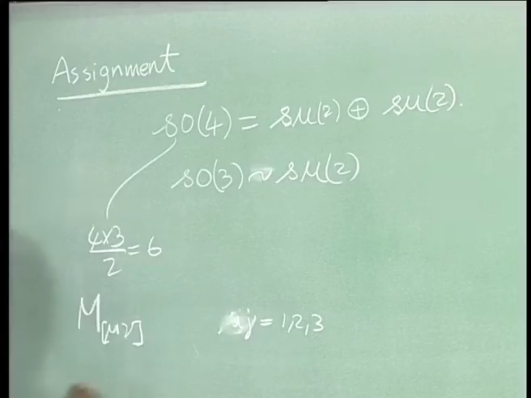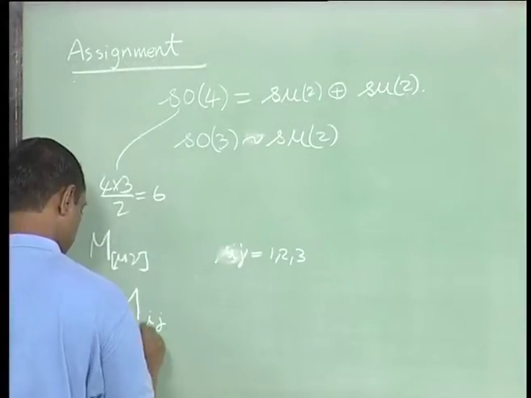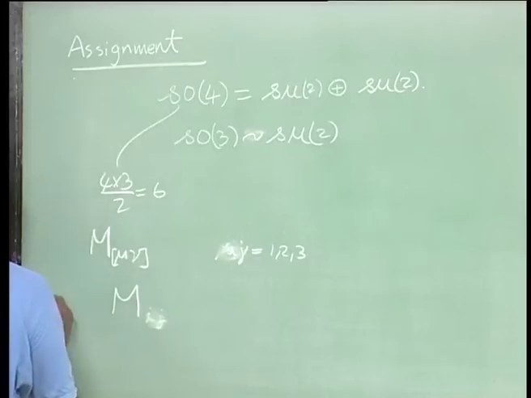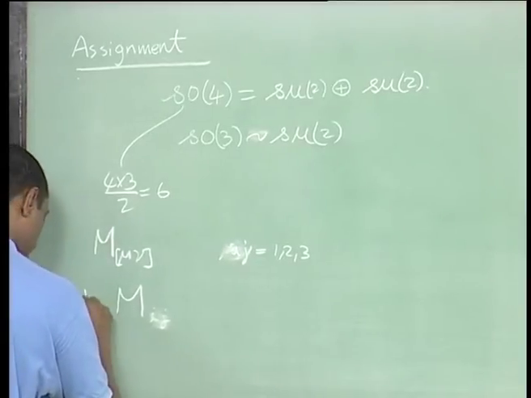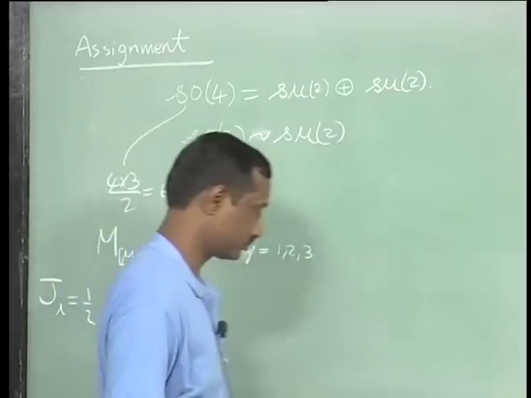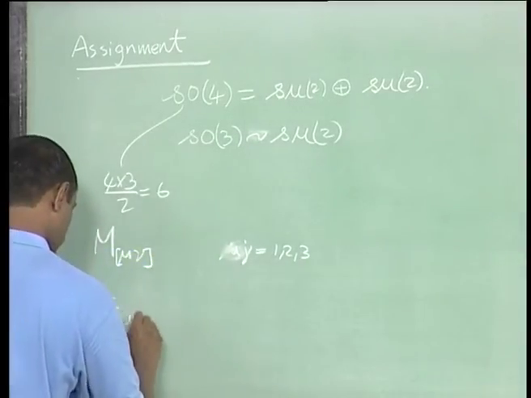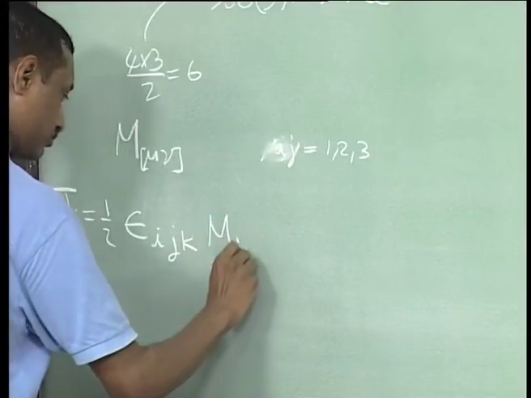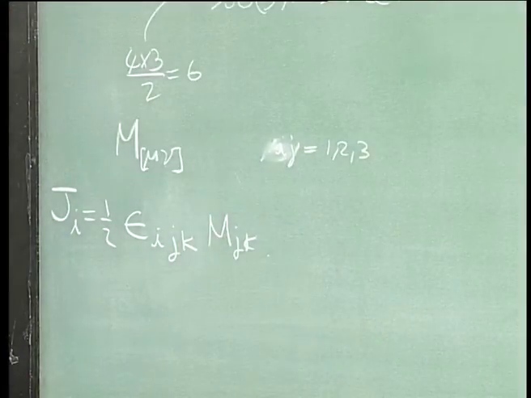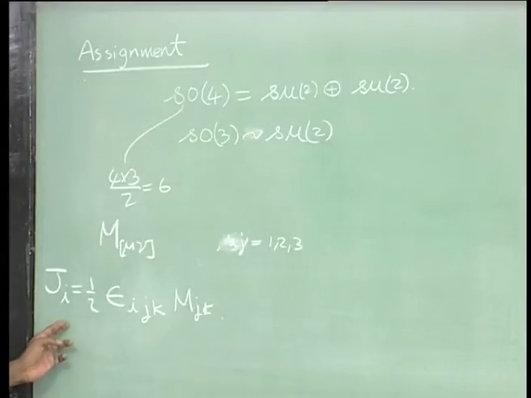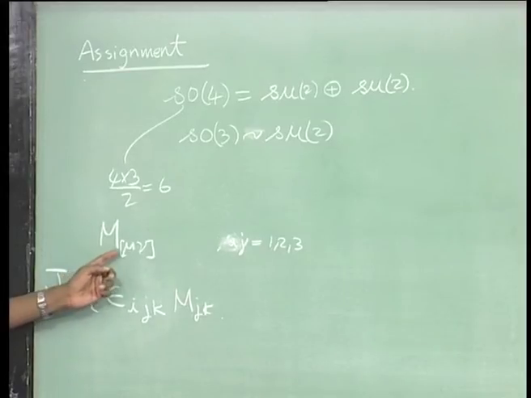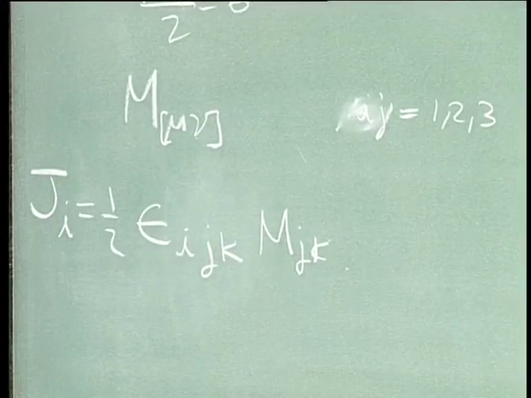So let us do this: M ij is again antisymmetric, but I can define something which I will call J k, which is half epsilon ijk M ij. Okay. So this will be your usual angular momentum in non-relativistic quantum mechanics. But we know that we get these boost generators when one of the indices is 0, and let us just call them K i.